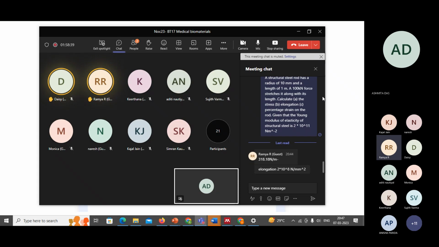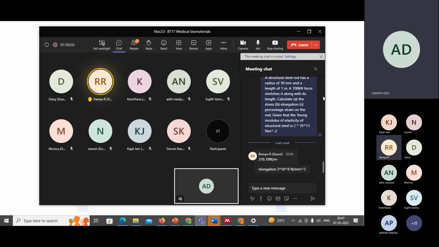Is the stress 318.18 Newton per millimeter square? How do you solve it?